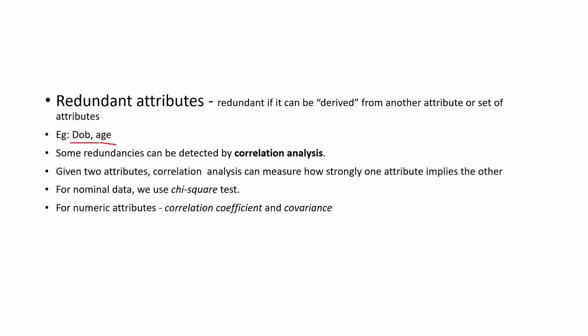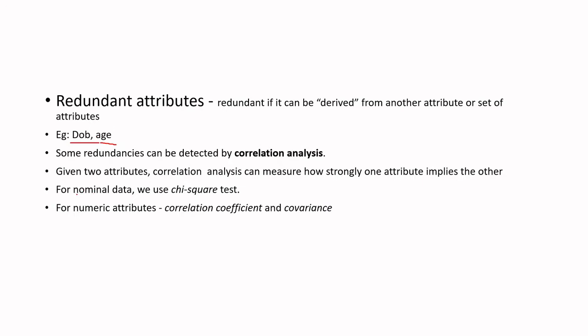What are the mechanisms through which we identify attributes which are related to each other? Given two attributes, correlation analysis can measure how strongly one attribute implies the other. That is, you look at date of birth and age and try to find out whether there is a relationship between them using some mathematical measure, and then decide that only one of them is required.